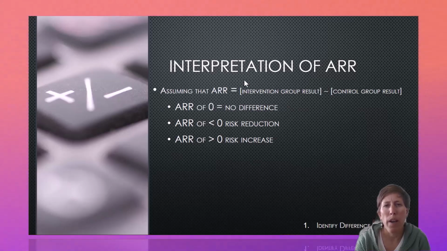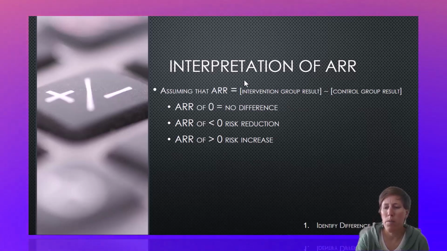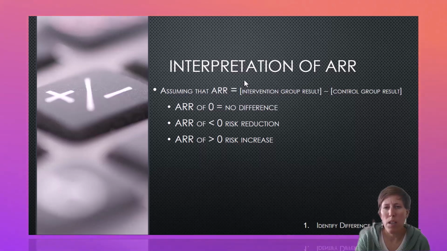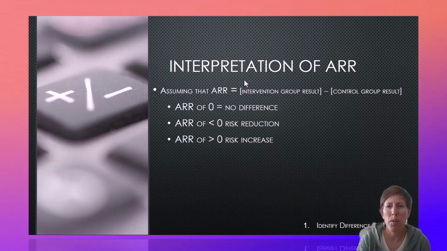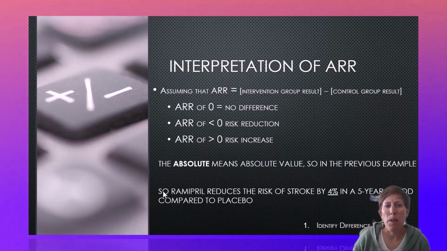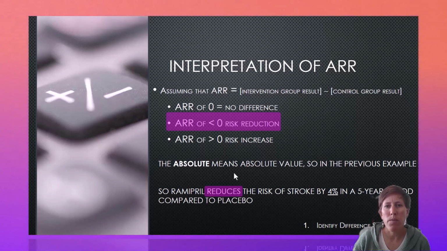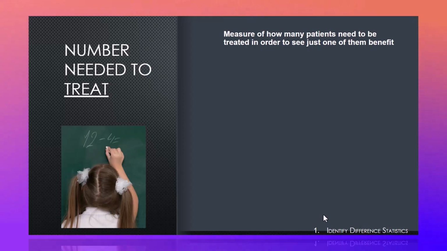Though the negative shows a risk reduction, the value is still presented as an absolute or a positive. So in our previous example, we would say that ramipril reduces the risk of stroke by 4% in a 5-year period compared to placebo. Our next difference statistic is called number needed to treat.